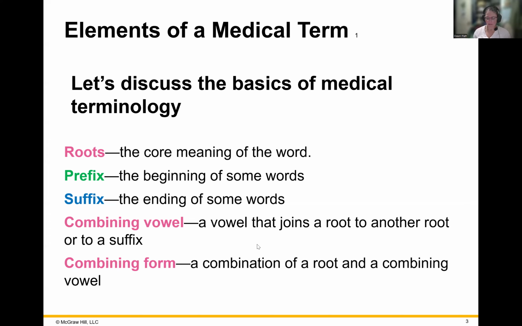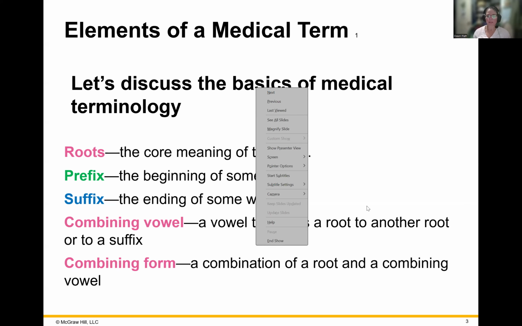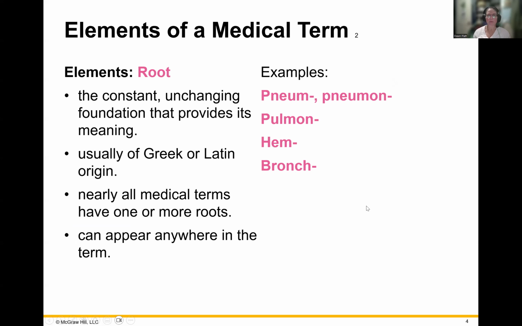Let's continue on. So let's talk about some root words. The definition says it's constant, it's unchanging, the foundation, it provides its meaning.